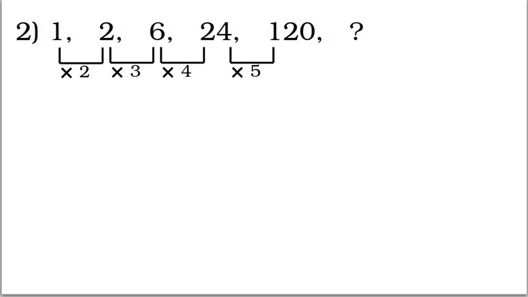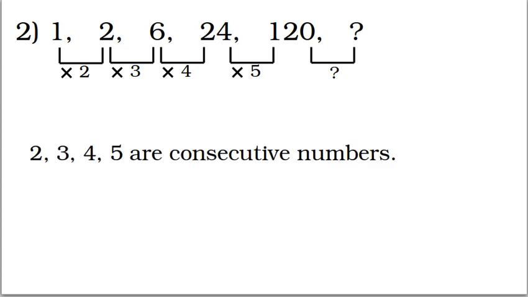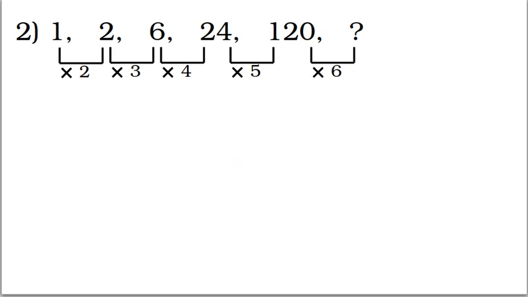Let us say 24 into 5. As 2, 3, 4 and 5 are consecutive numbers, 120 should be multiplied by 5's next number, which is 6. 120 into 6 gives you 720.